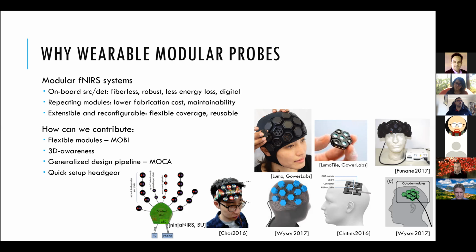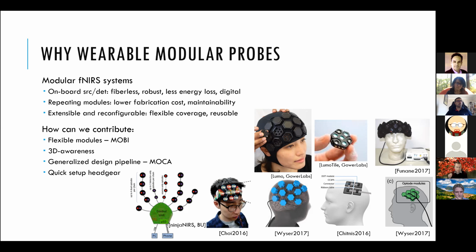There are a lot of good works that have been published, so we felt there are a few things we could potentially add. One is that if we can move this circuit into a flexible circuit, it's going to provide better conformity, better contact, and comfort for wearing it for long-term measurement.